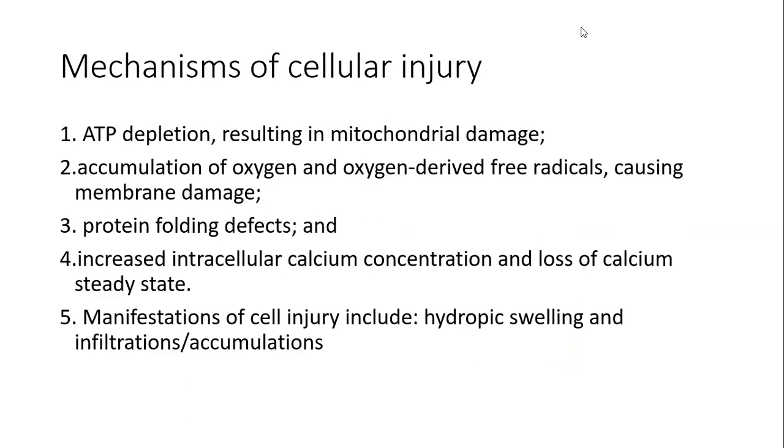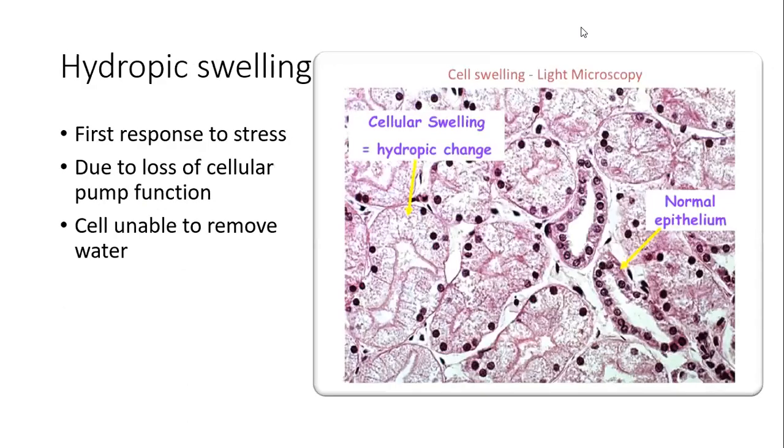Then there's accumulation of oxygen and oxygen-derived free radicals, causing membrane damage, which then results in protein folding defects and increased intracellular calcium concentration, so calcium builds up. And then this results in these two consequences: hydropic cell swelling and infiltrations and accumulations.